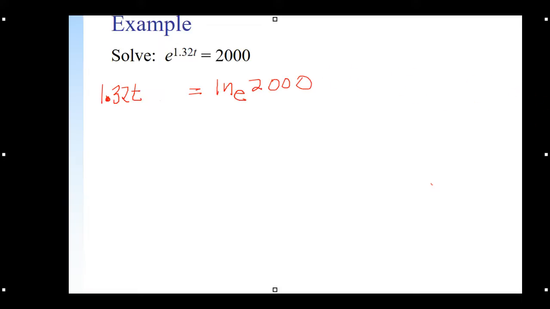So now when we get to do it, it's a little bit easier. So what we do is put, and we don't need this e here either, we're going to say, how do we solve for t here? Well, we're going to divide both sides by 1.32, and we're going to divide this side by 1.32.